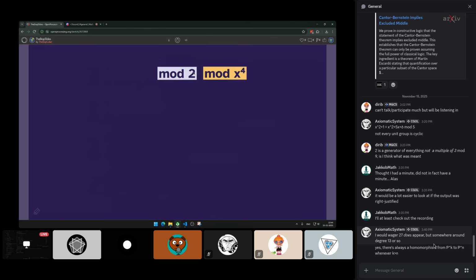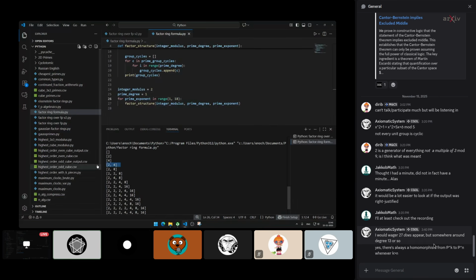So this is going to give us these polynomials. So this is going to be, let's see, mod 2 to the 4th power, a 2 cycle and a 4 cycle.